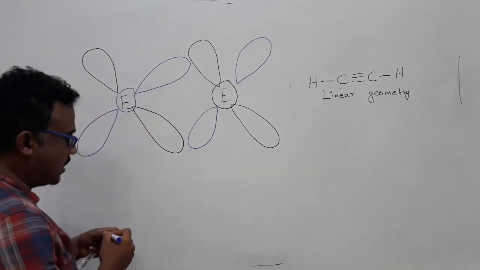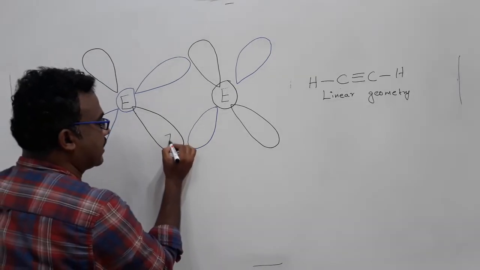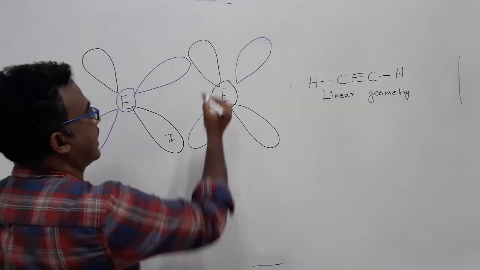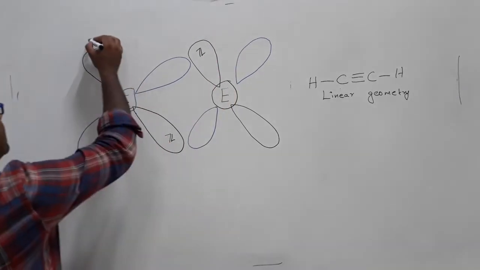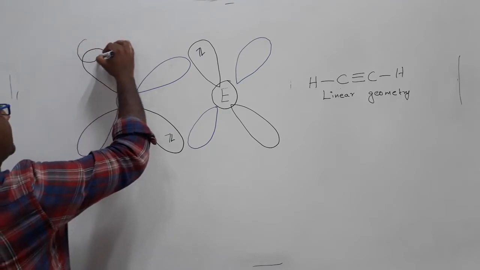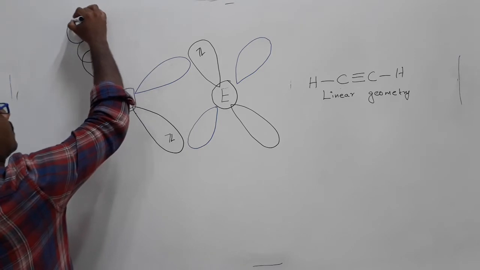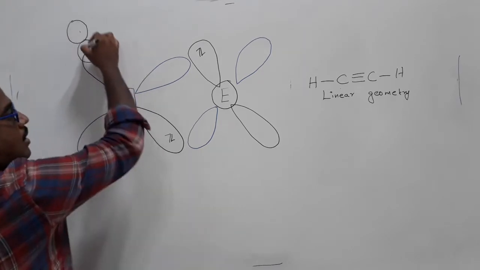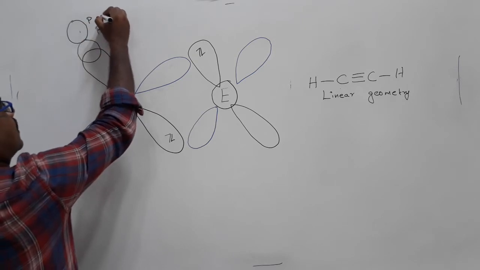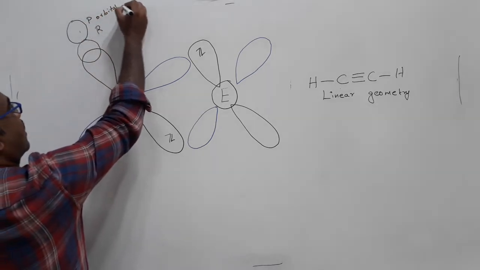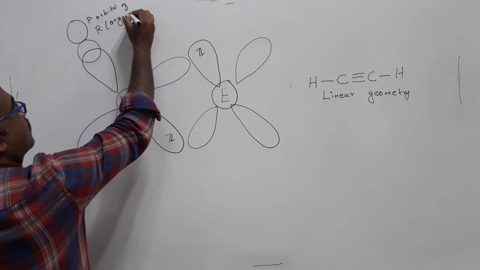I already said that the sp hybrid orbital has a pair of electrons. Again, on this side the sp hybrid orbital has a pair of electrons. You have a p orbital that was overlapped with the E. This one is R, the p orbital of the organic group. The p orbital of R. R is any organic group.